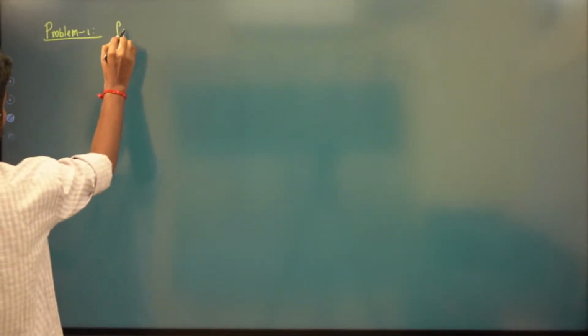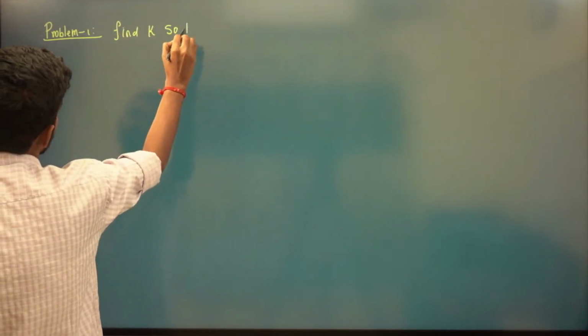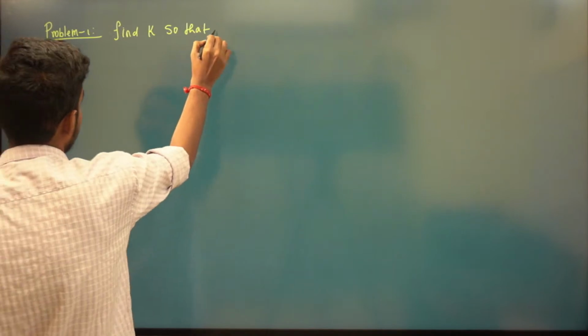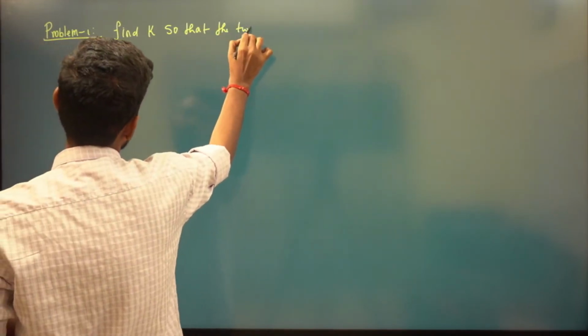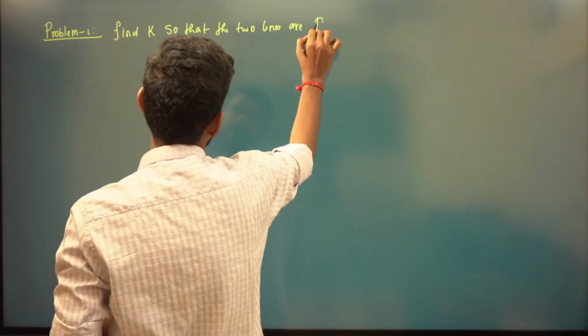Find k so that the two lines are perpendicular to each other.